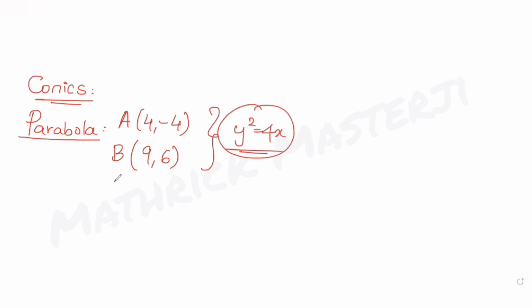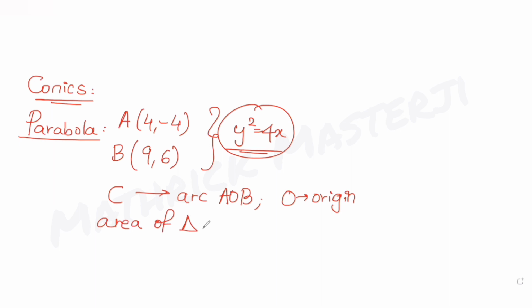We have been told, let C be chosen on the arc AOB of the parabola, where O is the origin, and the area of triangle ACB is maximum. Then we have been asked to find the area in square units of triangle ACB.